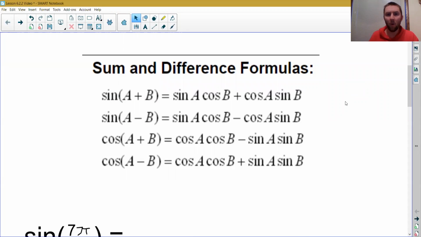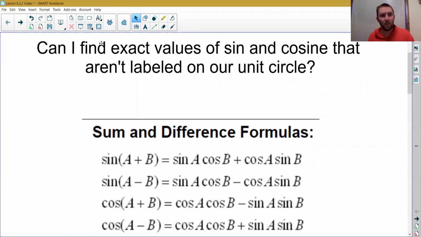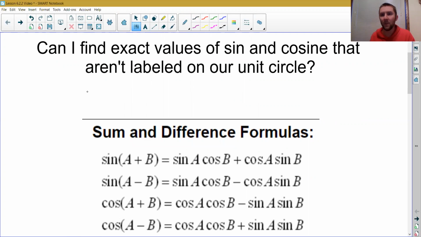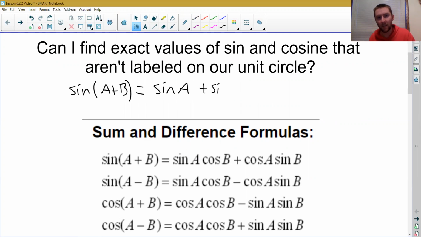It's important to know something that we actually investigated in our homework from our last video, if you did the bonus question. The sine of two different angles, A plus B, we were wondering, is that the same as the sine of the first angle plus the sine of the second angle?